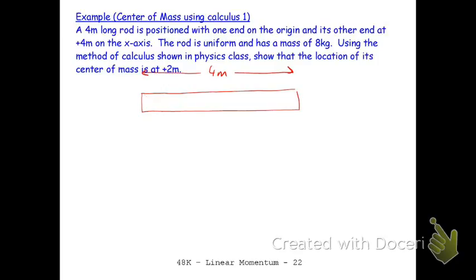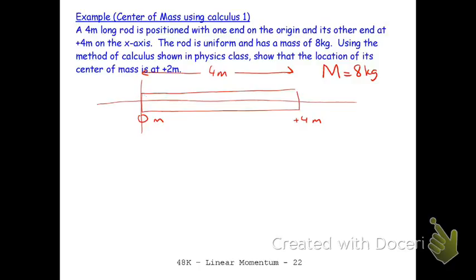It's positioned with one end at the origin, so there's my origin, and the other end at +4, so this is 0 and that's +4. Uniform, and has a mass, big M, equal to 8 kilograms. Using the method of calculus in physics class, what is the location of the center of mass?